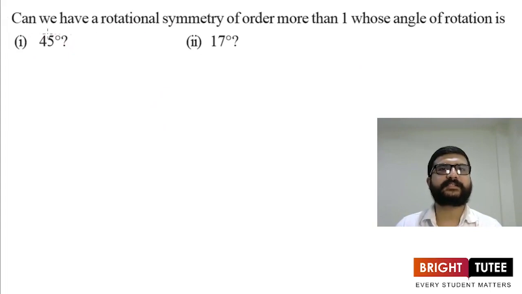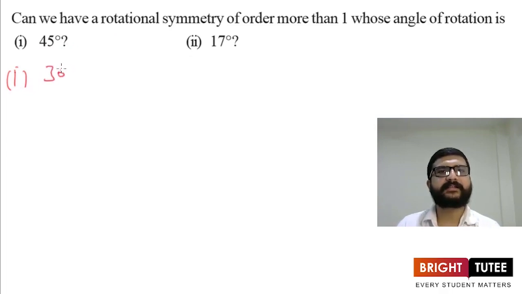Now the last question of this session. The question here is, can we have a rotational symmetry of order more than 1 whose angle of rotation is 45 degrees, and the second part is 17 degrees. Let's check for the first part of the question. If angle of rotation is 45 degrees, then what can we say about the order of rotational symmetry?